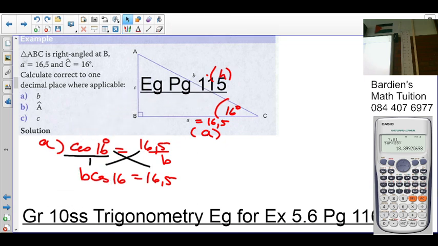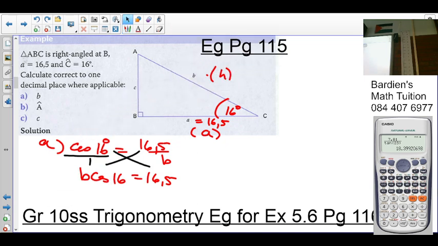So what do I do now? Divide by cos 16 both sides. So b is equal to 16.5 over cos 16.